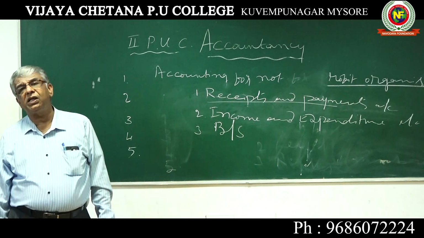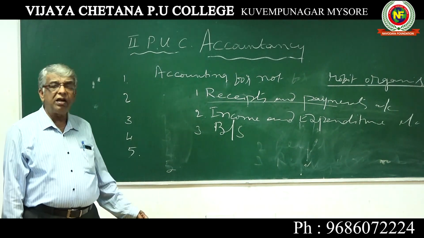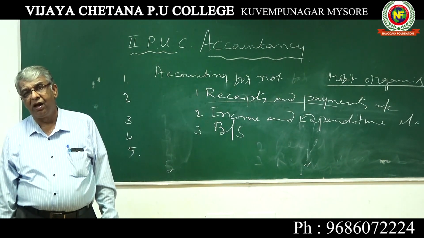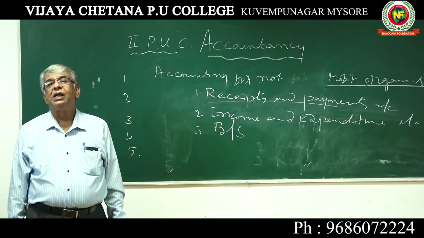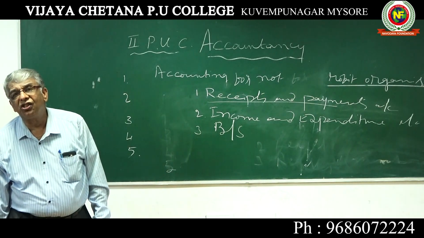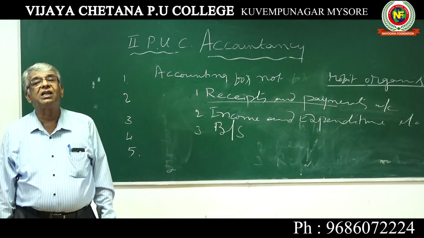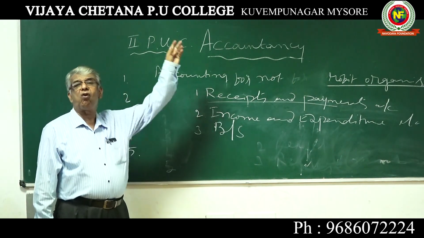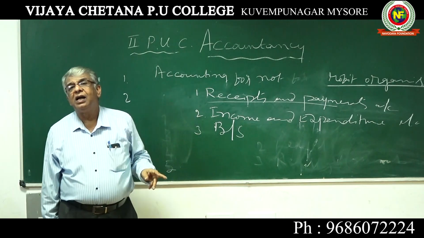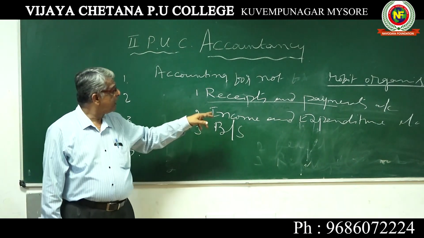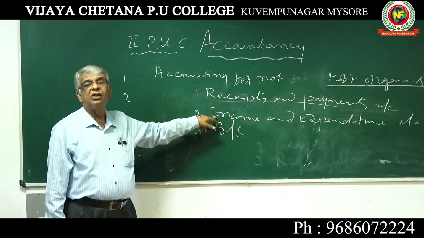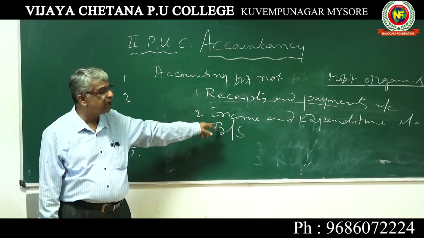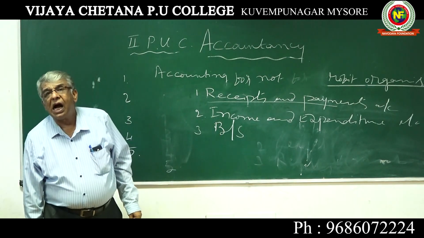An income and expenditure account is another important account prepared in non-profit organizations. It is a nominal account as it is concerned with the recording of all losses and expenses and all incomes and gains. Therefore, it is called a nominal account.